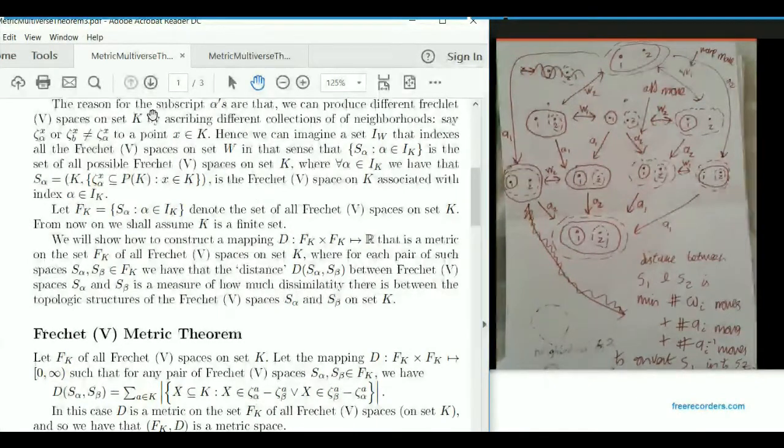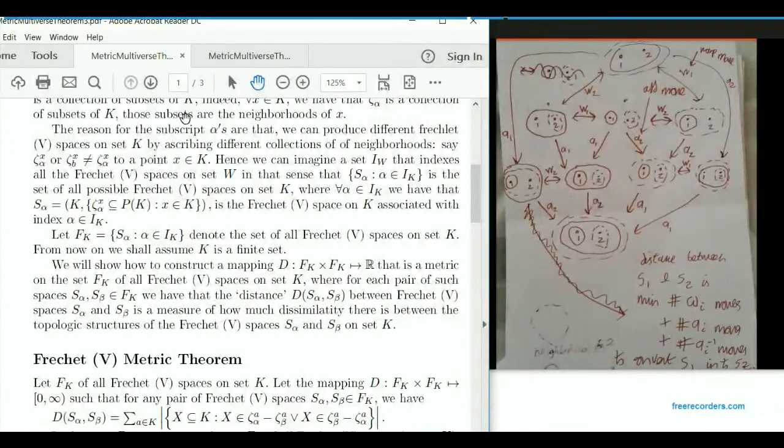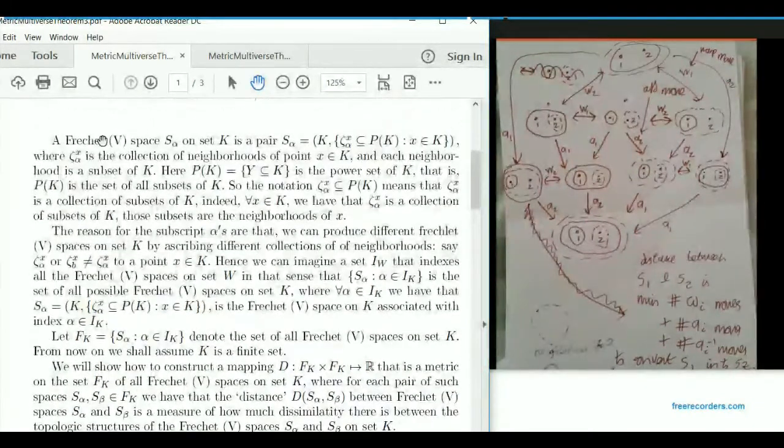Okay, so now let's talk about the alphas. What do the alphas mean? Well, say we've got one of these Frechet V spaces on K. Well, let's say we've got two of them. They're both Frechet V spaces and they both live on this set K, but they can have different neighbourhood structures.